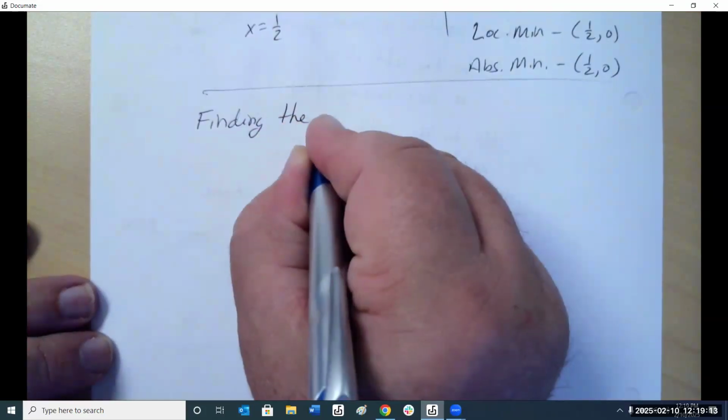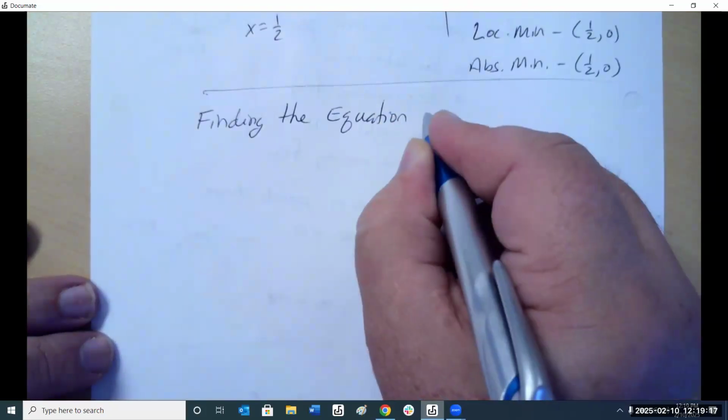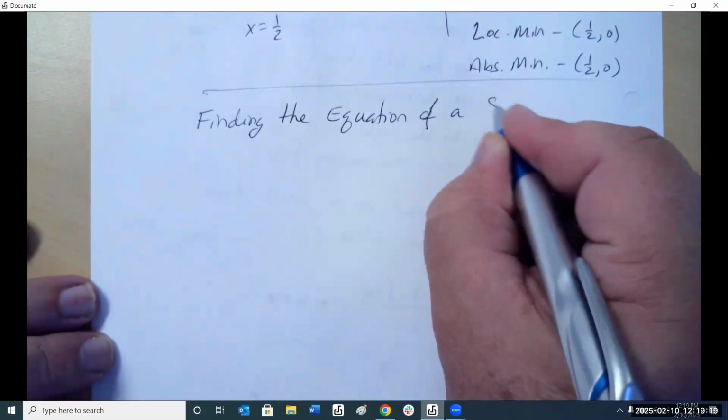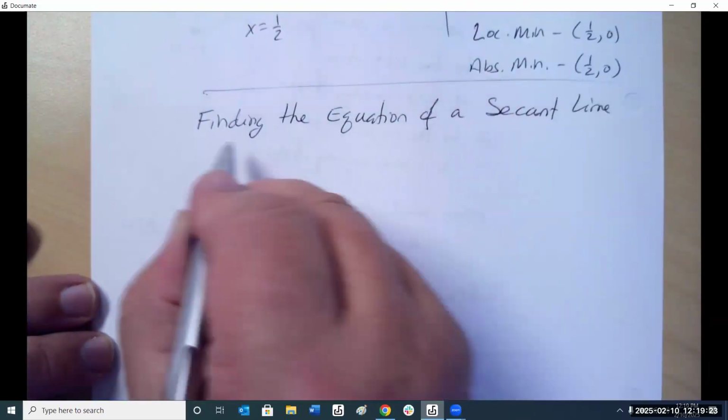Finding the equation of a secant line. What does a secant line mean? What is a secant line? Something that intercepts the slope?